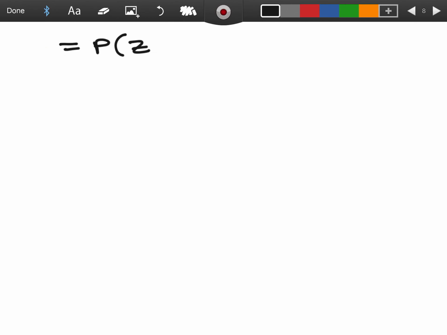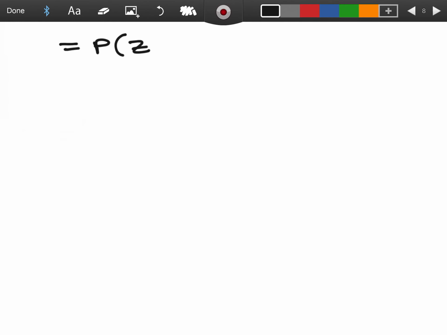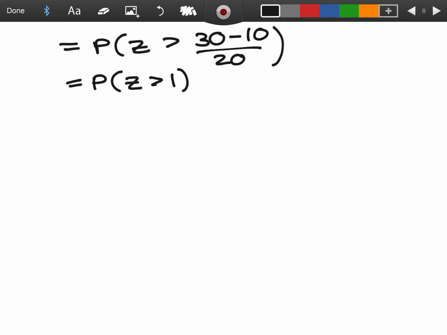So we're looking at the probability that Z, now my mean is 10, my standard deviation is 20, so I'm doing 30 minus 10 divided by 20. What is that? Well, 30 minus 10 is 20, divided by 20 is just 1. So I'm looking at the probability that Z is greater than 1.